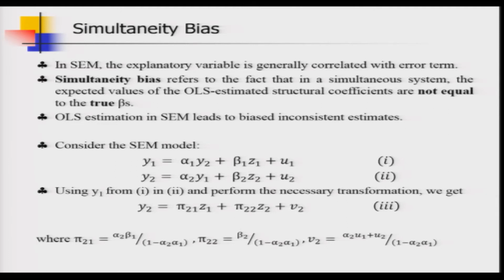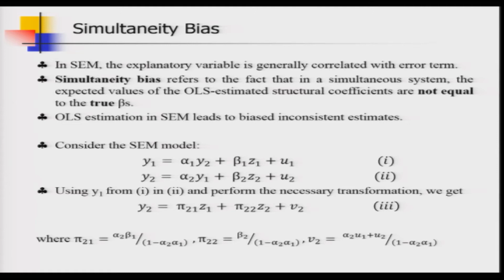Here pi 21 and pi 22 are simplified forms, because the original form is very complicated and messy. At the bottom of the slide I have given you the full expression for pi 21 and pi 22, and this new error term v2 is also complicated because it involves a lot of terms. The final expression for v2 is also given at the bottom of the slide.